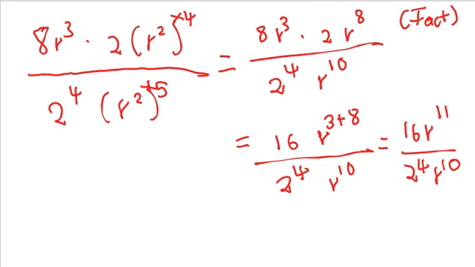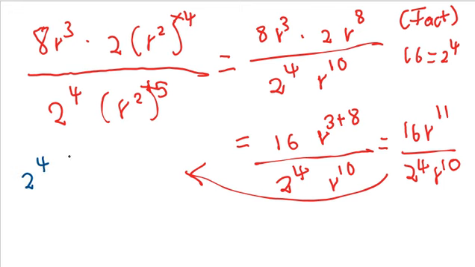If you press that button, it's gonna give you 16 is equal to 2 to the power of 4 actually. So let's carry on, which means here we're gonna have 2 to the power of 4, which is 16, r to the power of 11 over 2 to the power of 4 r to the power of 10.